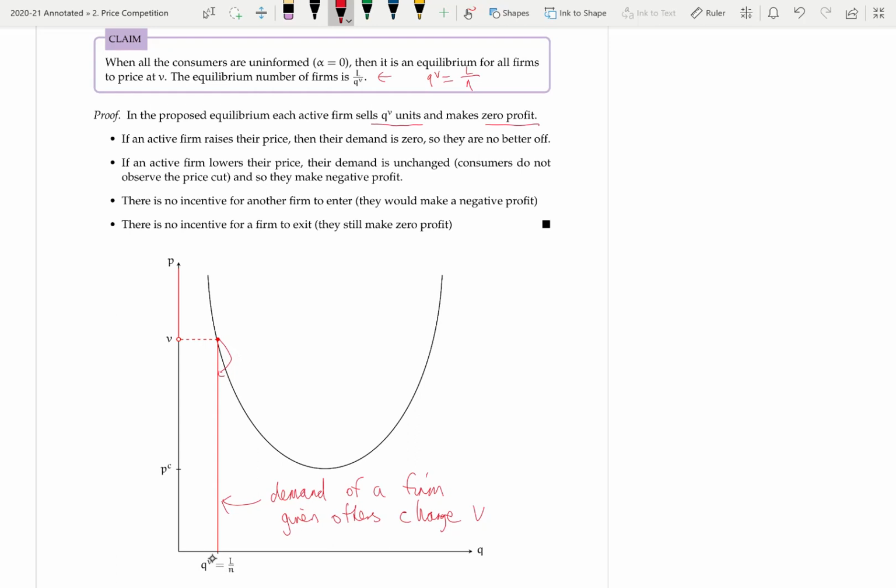N would go up and the quantity each firm would produce would go to the left, and firms would now be producing less than Q(V) and the average cost would be more than V. There is no incentive for a firm to exit because a firm that exits makes zero profit, which is the same as what they're making by being active and producing Q(V). So it's an equilibrium when no one knows the prices for all the firms in the market to price at V and sell Q(V) units each.